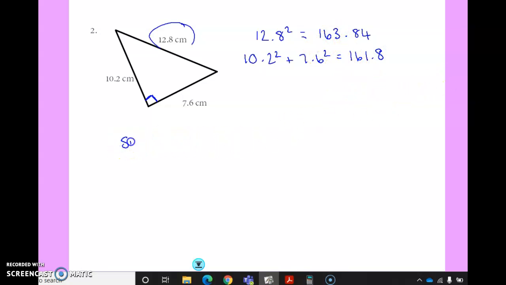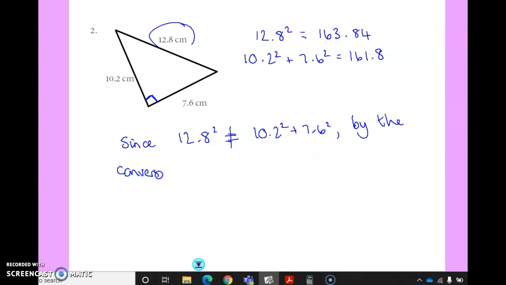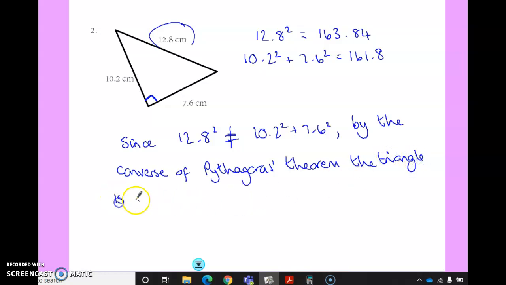So we say since 12.8 squared is not equal, so it's an equal sign just with a line through it, so it's not equal to 10.2 squared plus 7.6 squared, by the converse of Pythagoras' theorem, the triangle is not right angled.